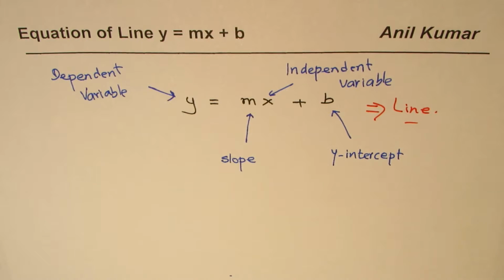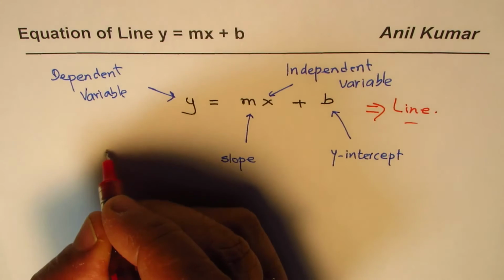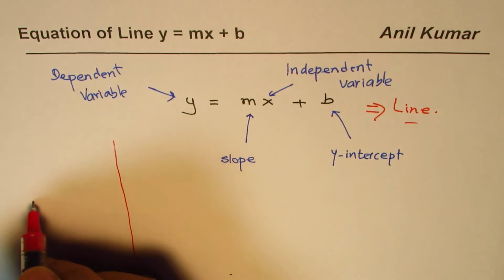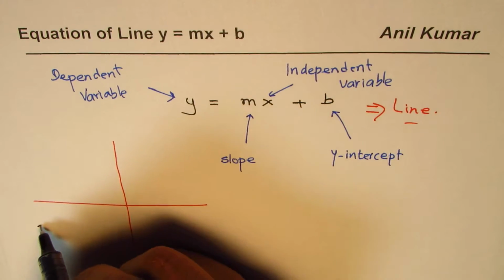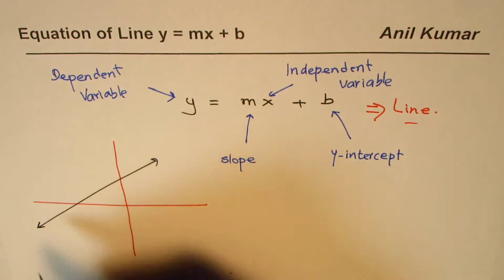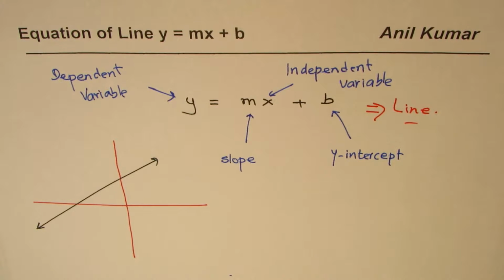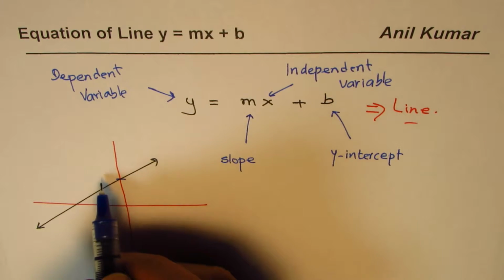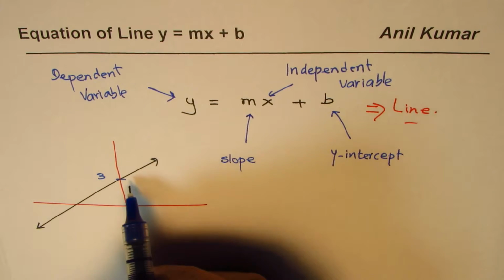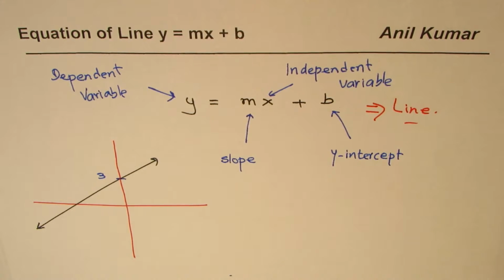So let me give you a sketch of this. If I have a coordinate system like this, then a line which, let us say, goes like this, and let me write down here y-intercept. Let's say this y-intercept is 3, and slope is rise over run.